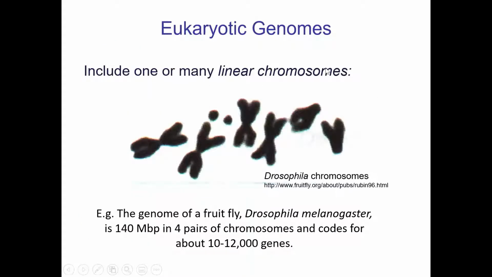So eukaryotic chromosomes are usually linear, and you can have one, but not us. Only simple organisms have one. Most organisms have multiple chromosomes. So humans have 23 pairs, so 46 chromosomes. You can see right there we're looking at a karyotype of Drosophila, so that's the fruit fly, and it has 4 pairs of chromosomes, 8 chromosomes. You can see 2 of them are really tiny.